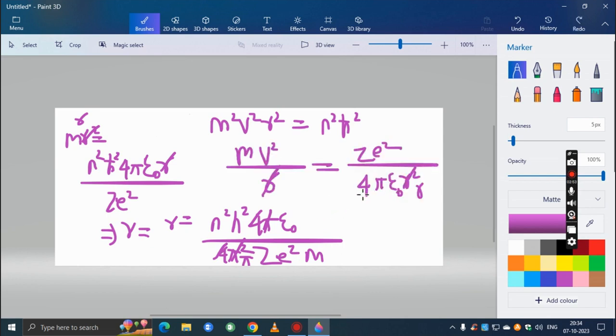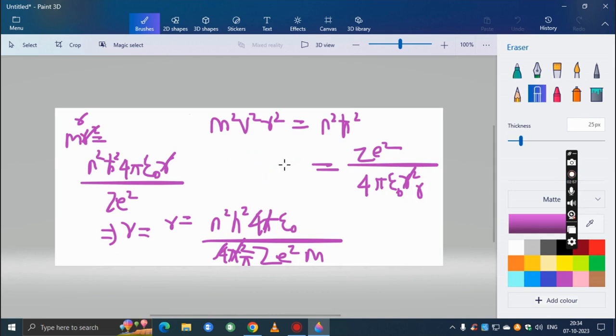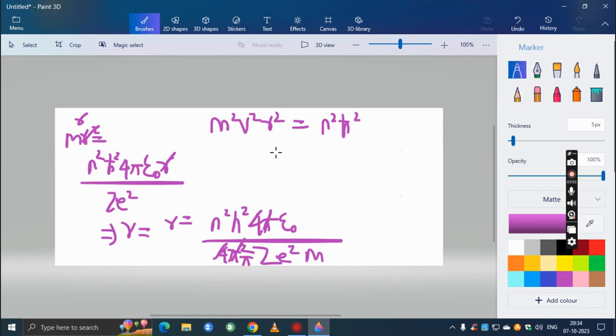So r sub n, that is the radius of the nth shell, is thus given by n square h square epsilon naught upon pi m Ze square.